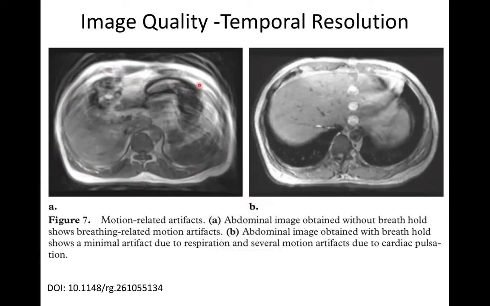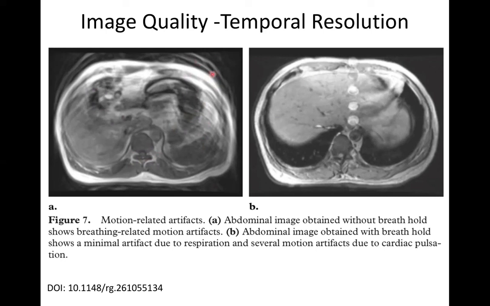You can see a couple of things. One is there's a lot of blurring of features in the patient's chest and in their abdomen, if you look at the relative blurring of these objects versus, say, something that's fixed, like their spinal cord. And then there are also these replicants of the chest wall. And these are called ghost artifacts.